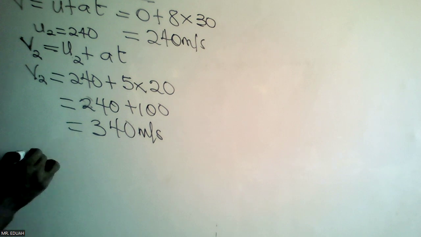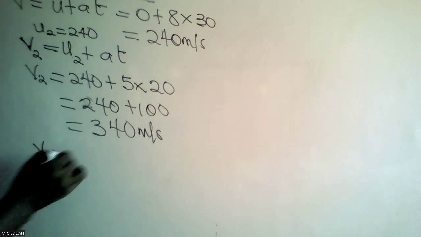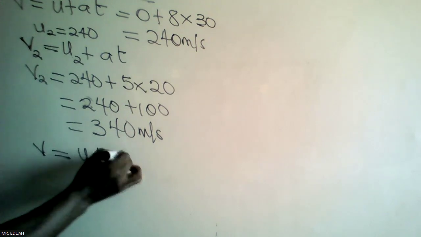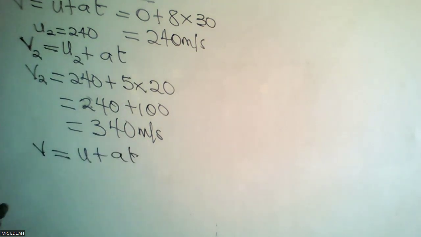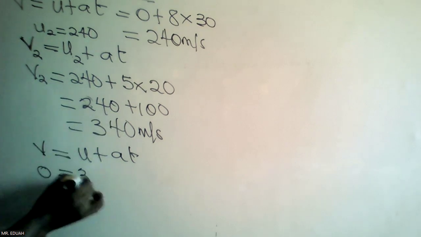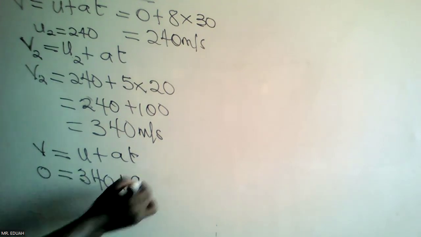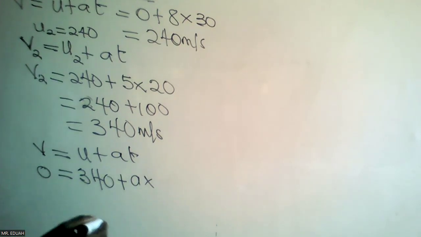So V, using the same equation, V is equal to U plus AT. The body is coming to rest in the final part of the motion. So the final velocity is 0. It's equal to the initial velocity, which is 340, plus A, which is what we are looking for, times 20.